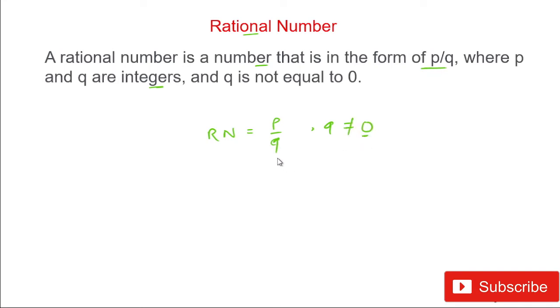So it can be any fractions. We can take 1 by 2, 3 by 4, 7 by 8 and minus 1 by 3, and these numbers we can say are rational numbers. Here they have not mentioned the negative integers, so we can take minus also.